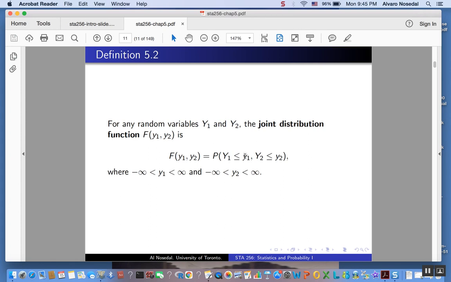Instead of dealing with one random variable, we're dealing with two random variables at the same time. Make sense? But the definition of joint distribution function is extremely similar to the definition of a CDF, a cumulative distribution function. Okay, next definition.